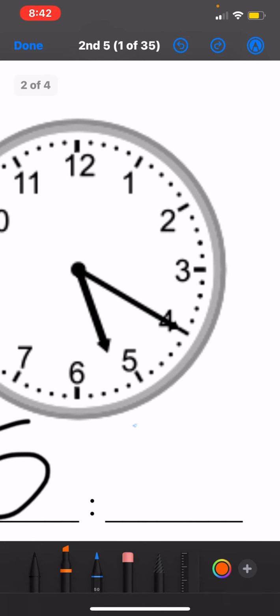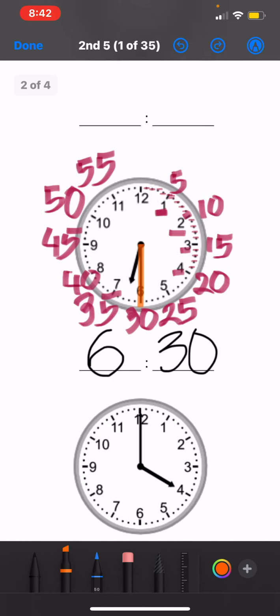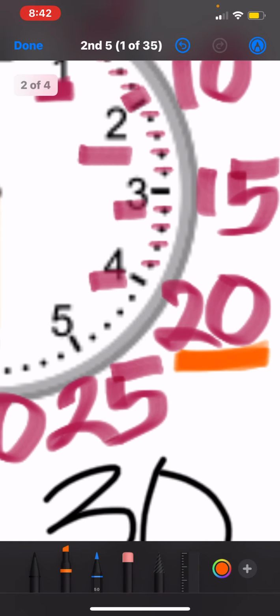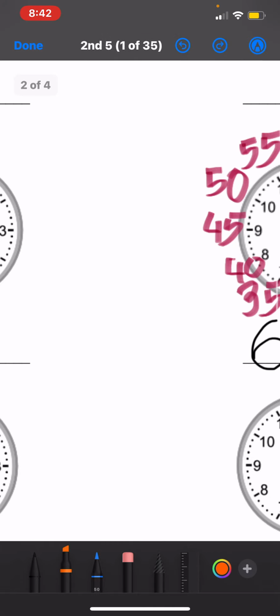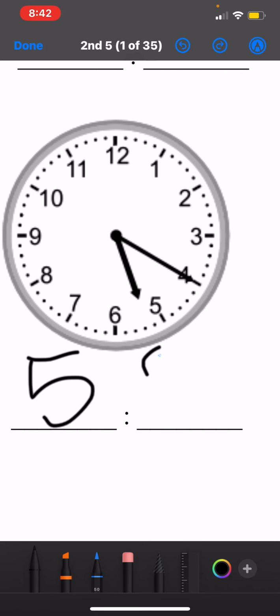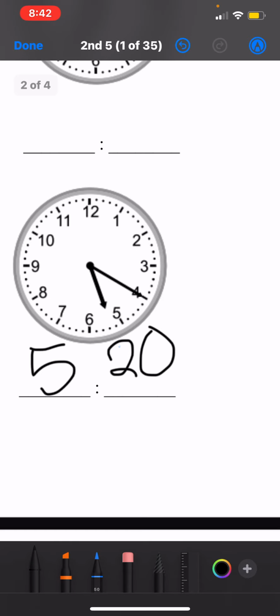And remember, the hour 4 is 20 minutes. So we're going to go back here, and since at hour 4 it's 20 minutes, that tells us that the minute is 20, so it's 5:20.